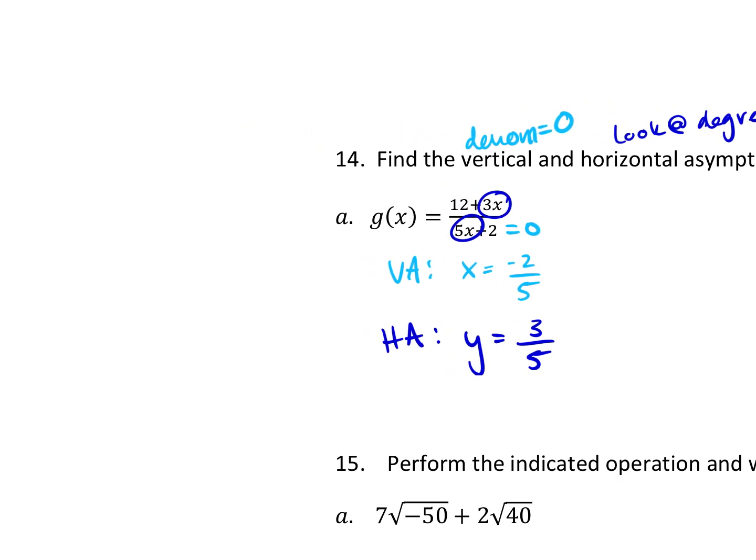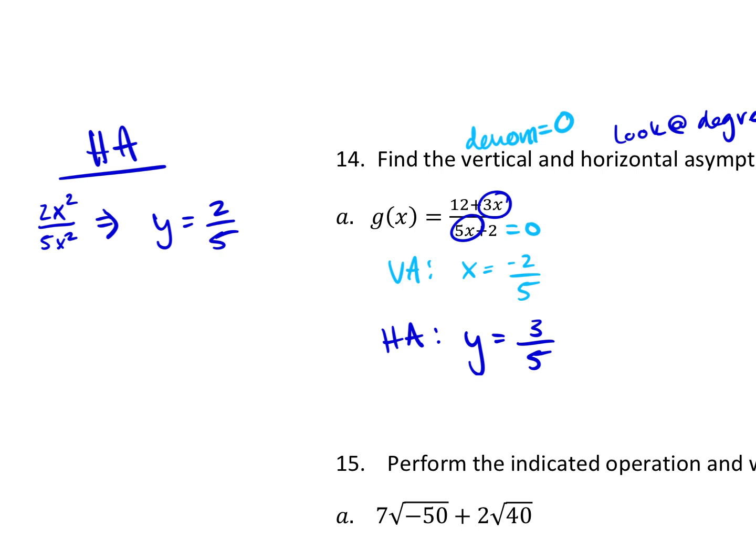Our rules for horizontal asymptotes: if they're the same degree, so let's say I had 2x squared over 5x squared, they're the same, look at the coefficients. So our horizontal asymptote would be y equals 2 over 5.